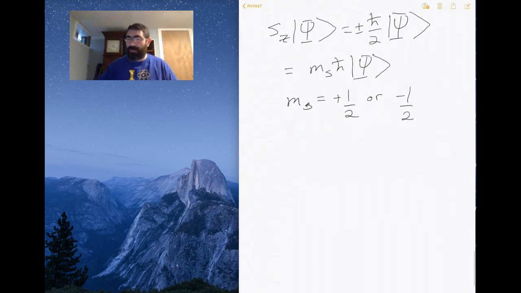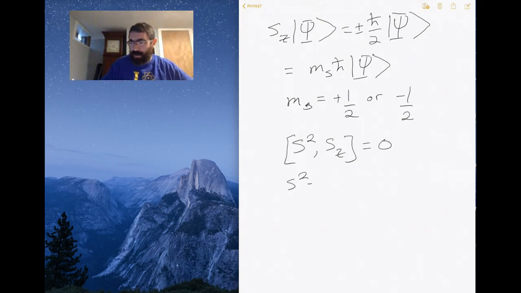We could work it out, but since we already spent all the time working on orbital angular momentum, what we would find is that it's not the total spin, but the total spin squared that would actually commute with s_z. So s squared commutes with s_z. So that's a good combination of quantum numbers, where s squared is s_x squared plus s_y squared plus s_z squared.